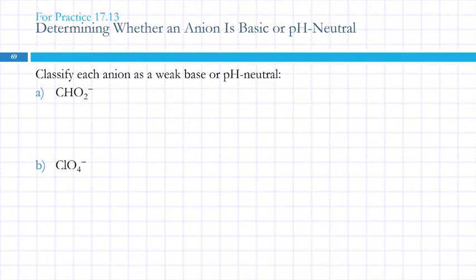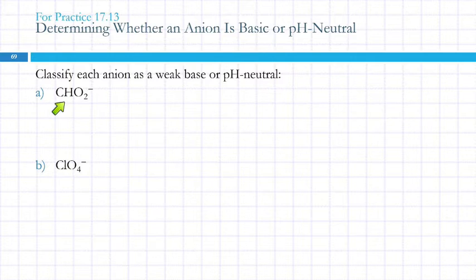Okay, classify each anion as a weak base or pH neutral. What we want to do is look at the conjugate base of this anion. So how do we make a conjugate, did I say conjugate base? I'm sorry, conjugate acid. We want to look at the conjugate acid of this anion.